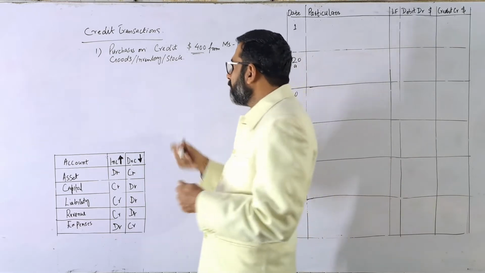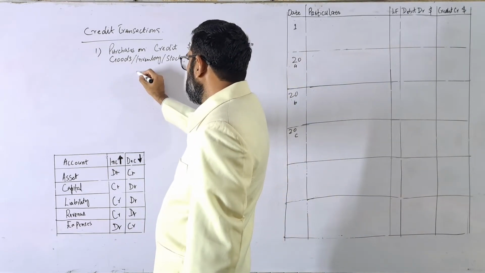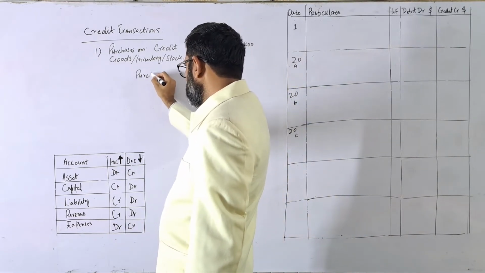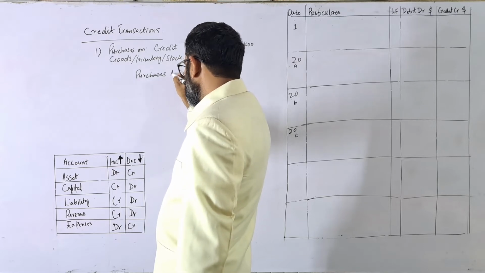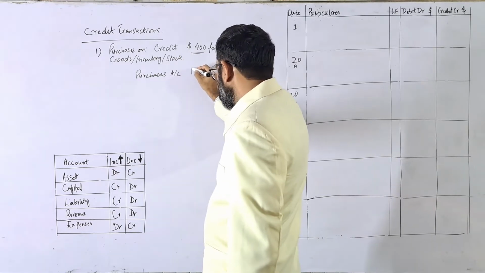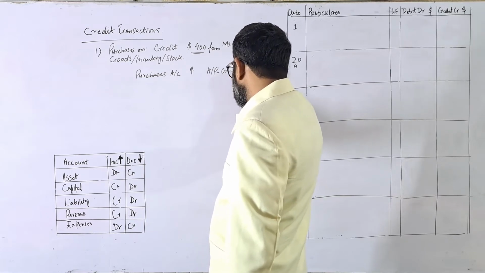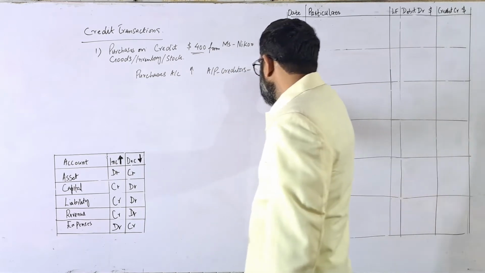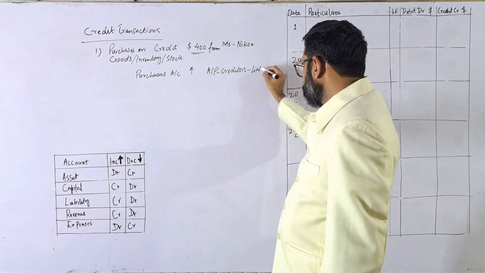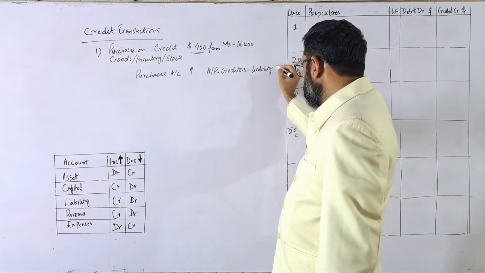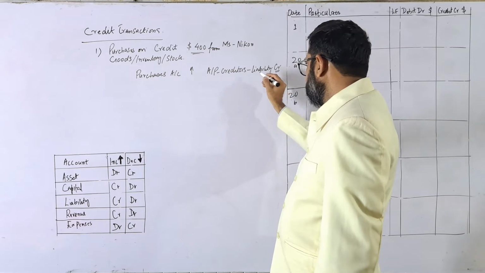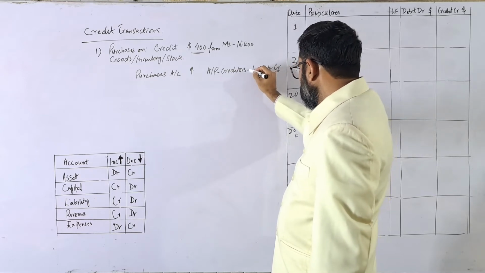Now, first of all, we have to record the purchases transaction. So we have two effects, obviously. First, the purchases account is increasing, and the account payable, or the creditor, that is the liability, that will be credit, and that is also increasing.